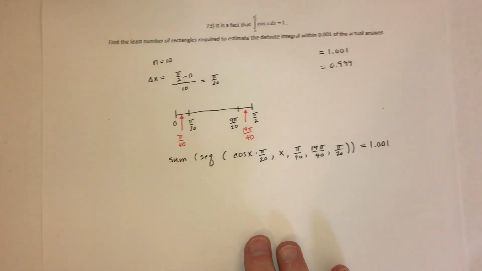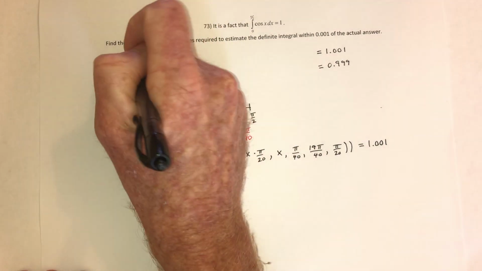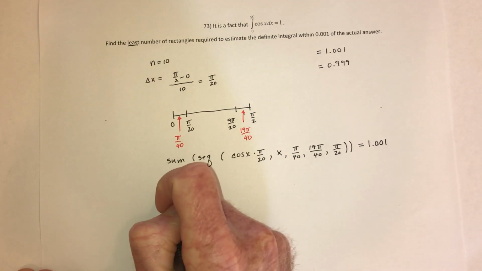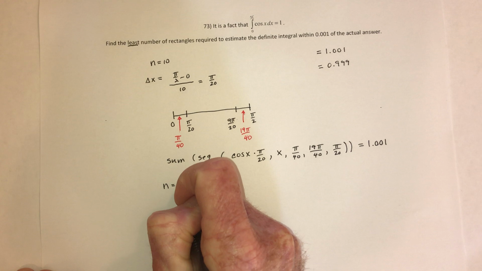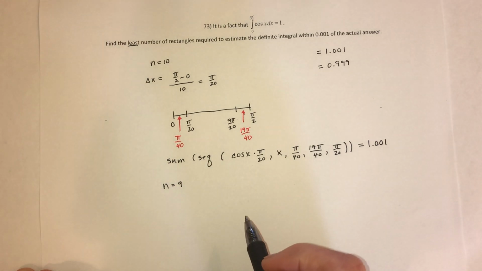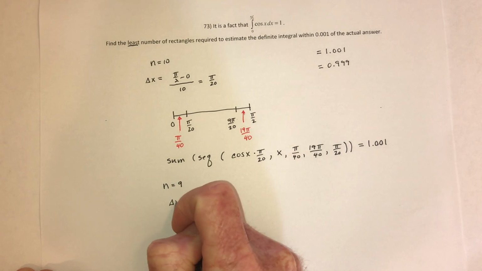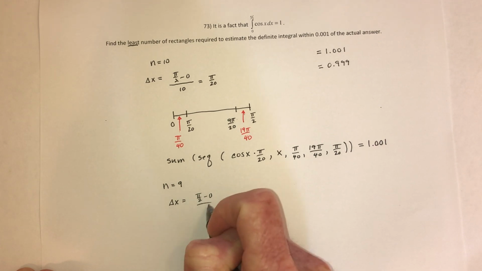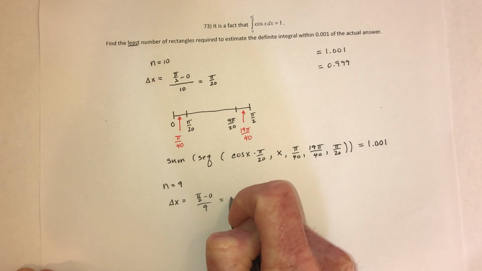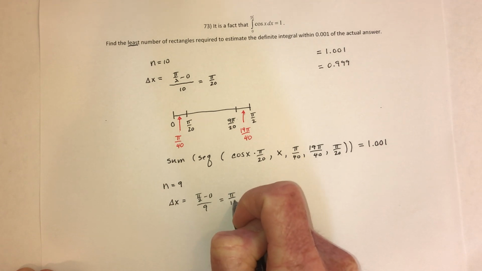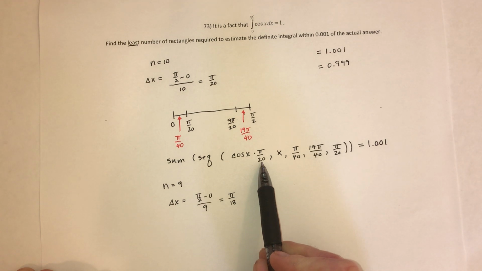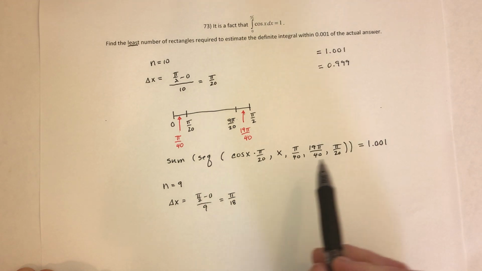Okay, so we got a 1.001, but is that the least amount of rectangles? So it worked with 10, what about with 9? So then if you use 9, delta x is going to be pi over 2 minus 0 over 9, which is going to be pi over 18. So instead of this being a 20, it's going to be an 18.